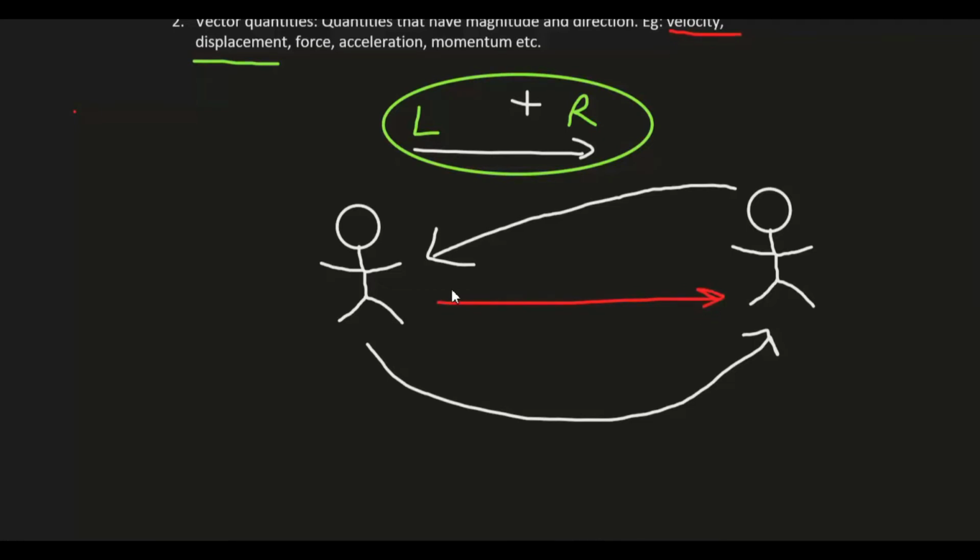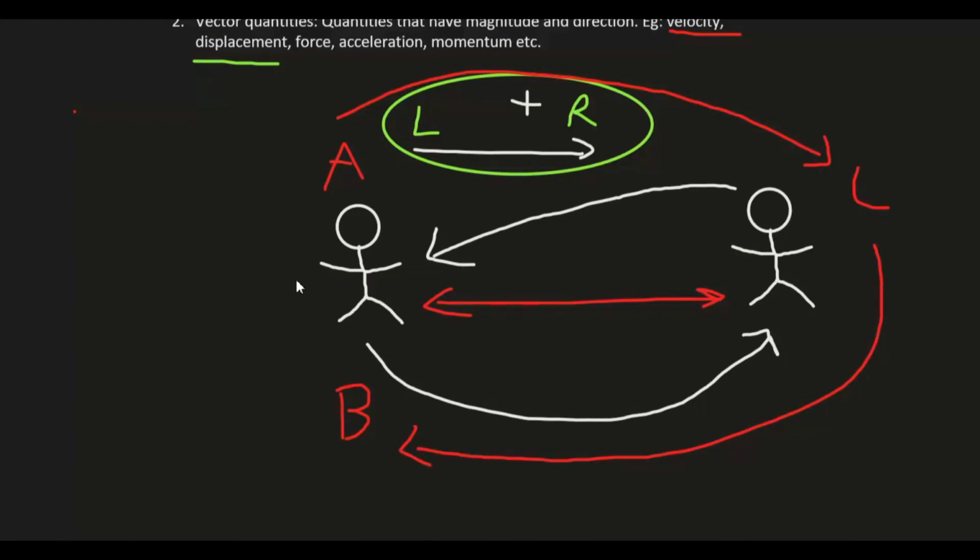So how much distance did he travel from point A to point B? Remember that from point A to B he first went to C and then from C he came back to B.